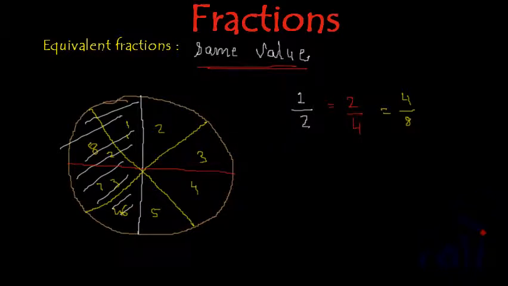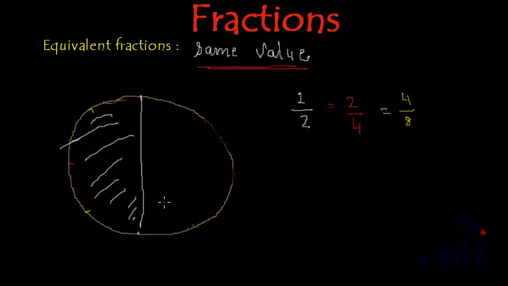Yes. And now I am going to divide this pizza slightly differently. This was our original picture where I have divided the pizza into 2 parts and shaded one part, and that part was equal to 1/2. And now if I divide each part into 3 equal parts, that means if I draw a line like this and another line like this, the whole pizza is divided into 6 parts.